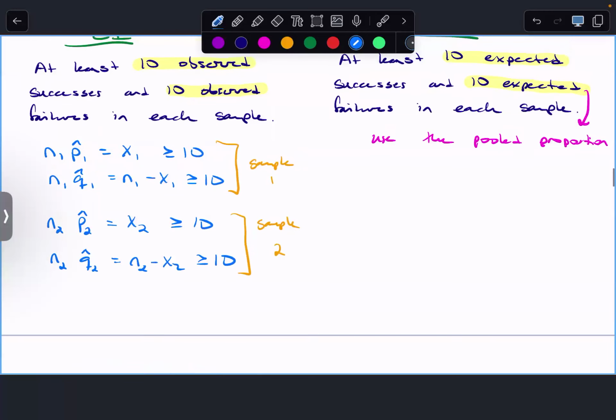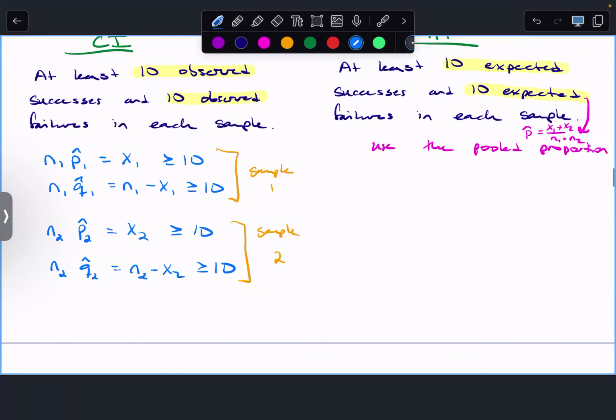So if we use the pooled proportion, the pooled proportion is p hat, which is x1 plus x2 over n1 plus n2 from the formula sheet. You still have to check both the sample sizes. Are they large enough to detect this hypothesized proportion?